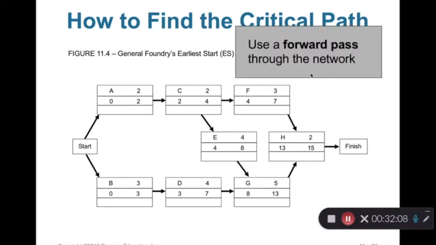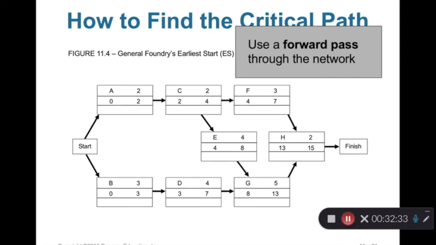You can see this is a forward pass process. We also call this the forward pass. So we can use the forward pass to figure out the completion time of the entire project, and also we can calculate the ES and the EF for each activity. But we want to find the critical path. Okay, this is not enough. We just finished the first part.